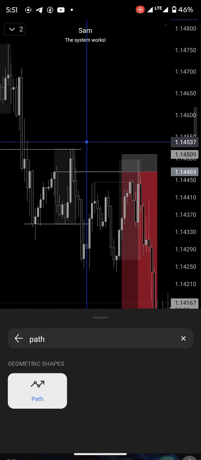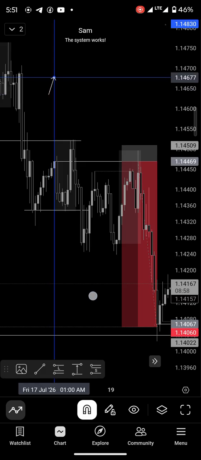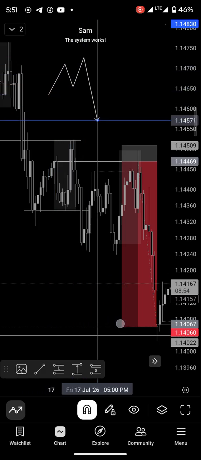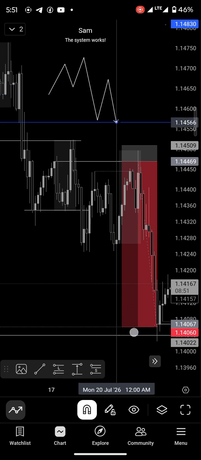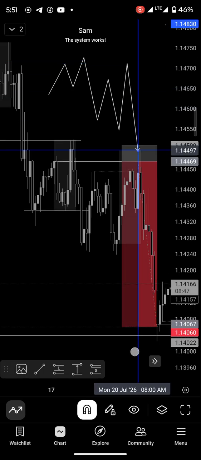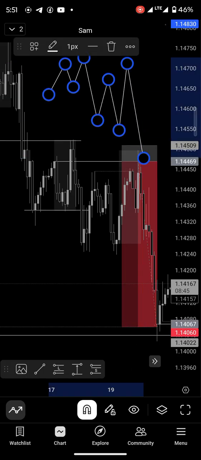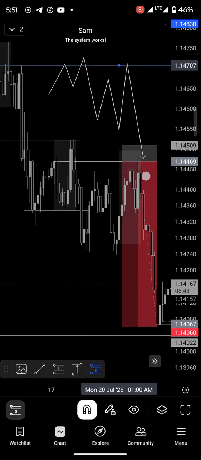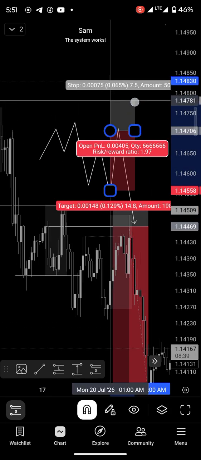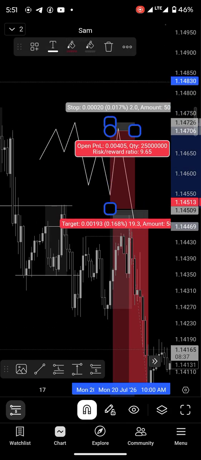Very clean structure to sell, something like this, where you see a sweep and then a break and then liquidity, and then entry from the key level closest to liquidity and sell, something like this, right? That's what I mean by a clean SMC structure.